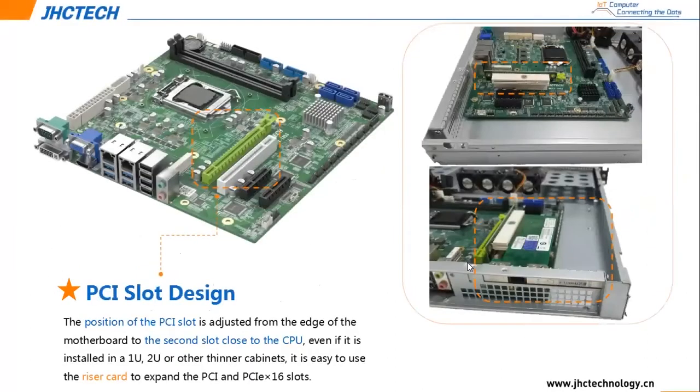And next is the PCI slot design. The position of the PCI slot is adjusted from the edge of the motherboard to the single slot close to the CPU. Even if it is installed within 1U or 2U or other single cabinets, it's easier to use the riser card expansion PCI and the PCIe x8 slots together.